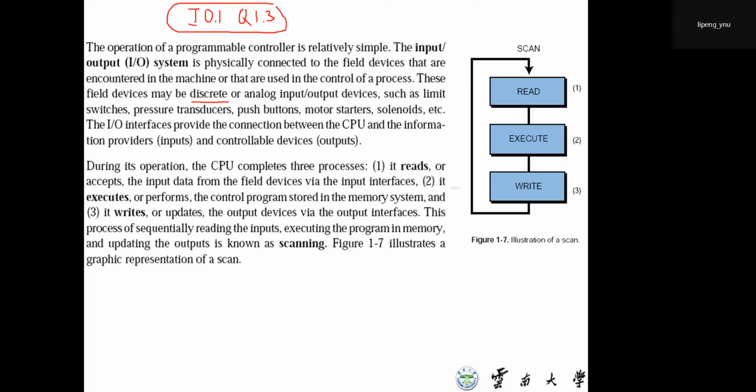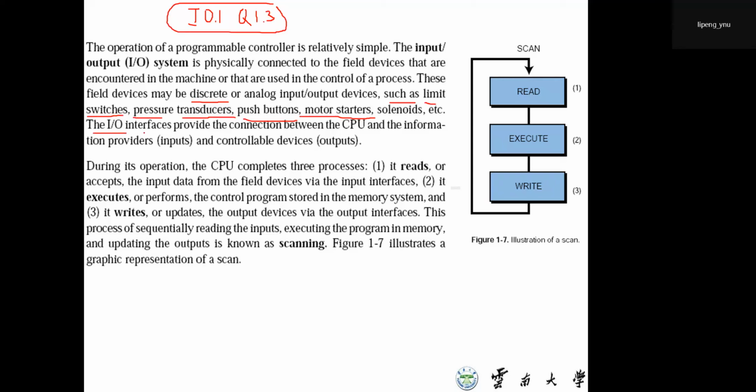These variables are discrete input or output signals, such as a limit switch on or off. It means 1 or 0, pressure transducer, push buttons, motor starters, and so on.